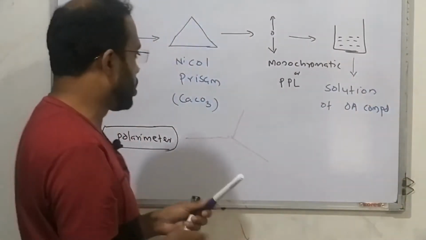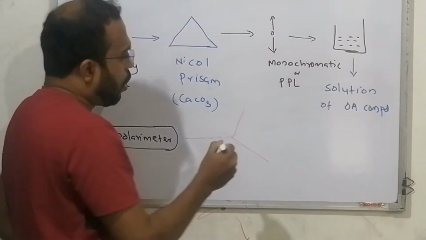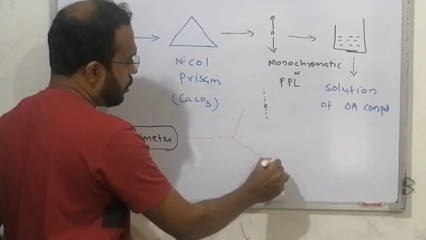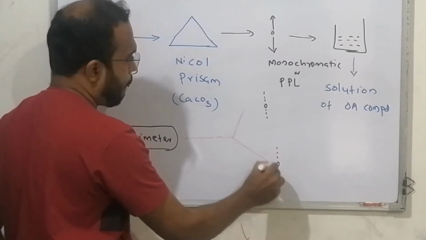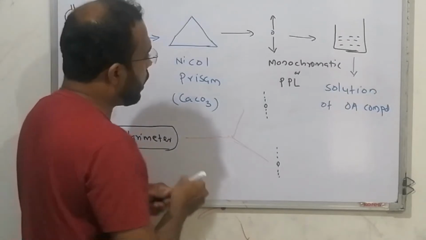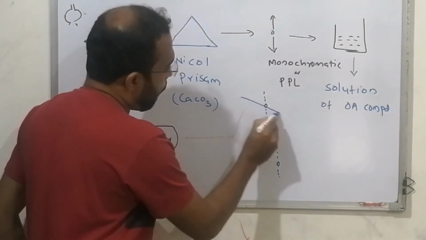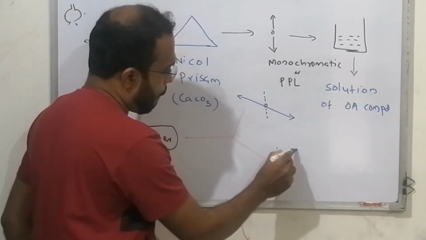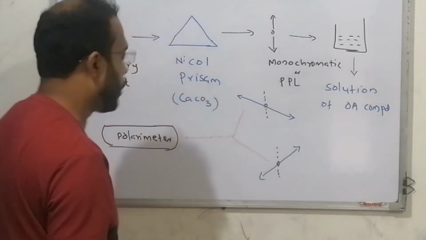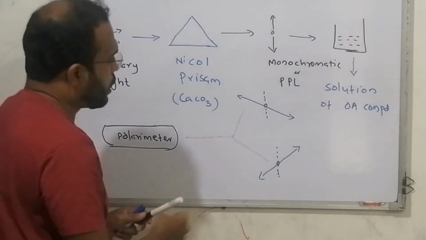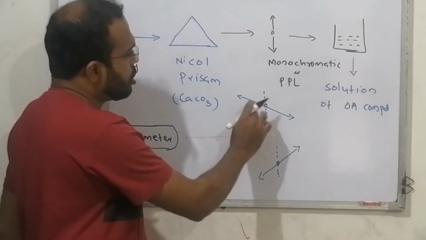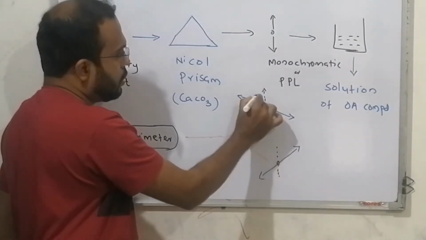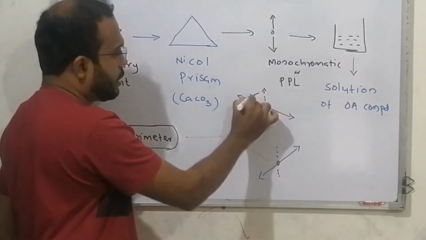Let us see what the options are. Option number one, it was the actual direction of your ordinary light. But that light has now rotated. Imagine it was like this, and it just rotated in this direction.